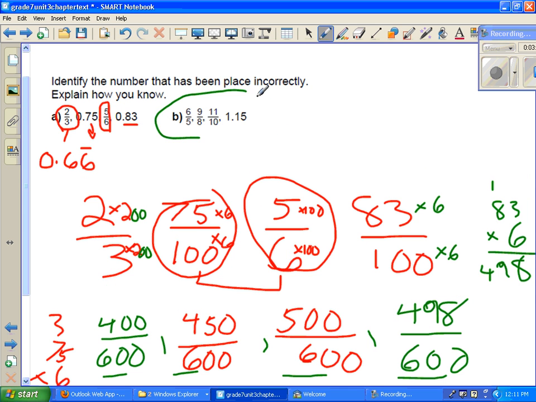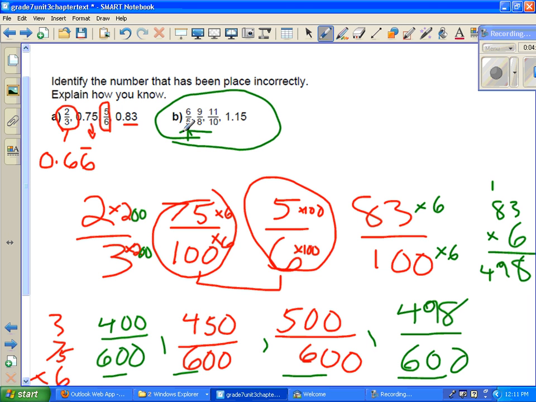For example, when you look at B here, you'll have 6 over 5, 9 over 8. I mean, you're going to have to change these to the same denominator. So you'll have to make this one, this 5 could change to 10, but then what would the 8 have to change to? Okay, so you could probably change it to, oh, perhaps 80. 80 might work.